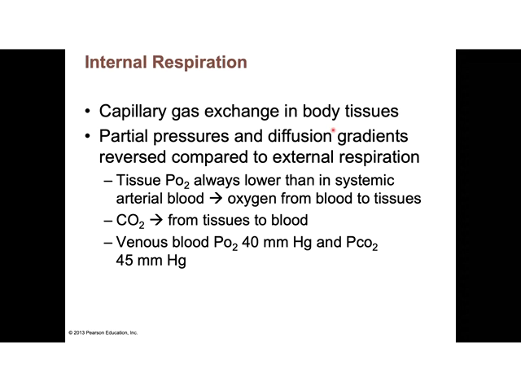CO2 is always higher. Why? Because CO2 is the waste gas that's generated from the three legs of metabolism: glycolysis, the Krebs cycle, and the electron transport chain. Okay? Venous blood, partial pressure of oxygen is about 40 millimeters of mercury, and the CO2 is about 45.